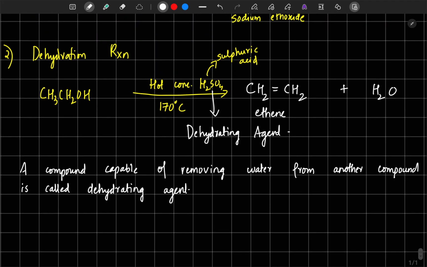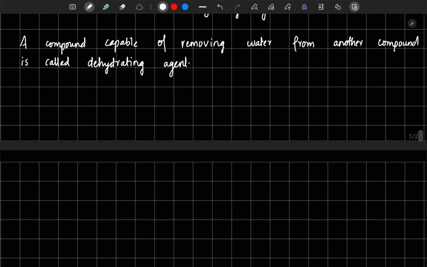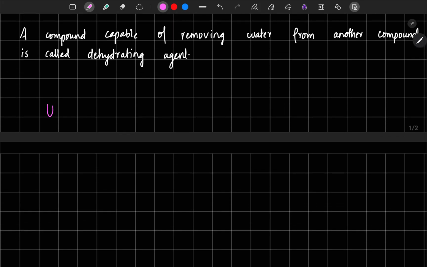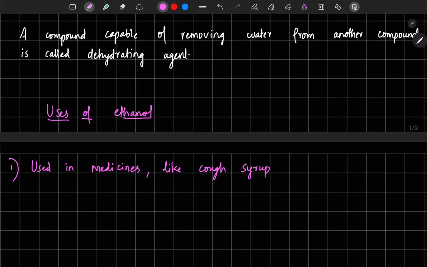Now talking about the uses of ethanol. Ethanol is used in medicines as a solvent, not to a very high degree, for example in cough syrups, where there is a little amount of ethanol.